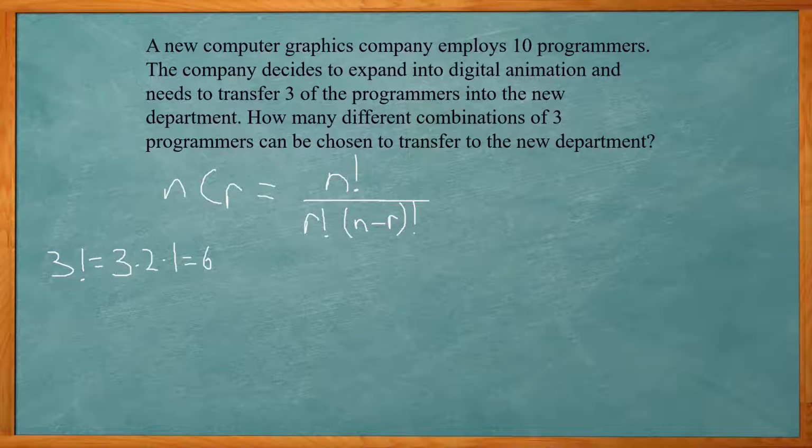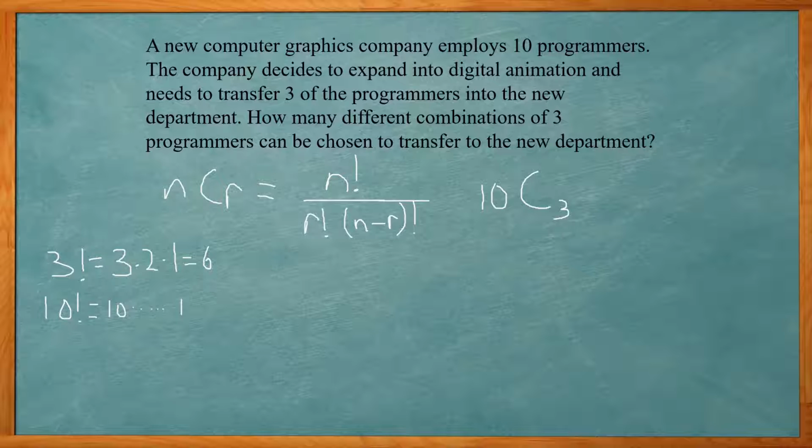If I had 10 factorial, I would start at 10 and multiply all the way down 9, 8, 7, 6, 5, 4, 3, 2, 1. Multiply those all together. All right, so in this one, we have 10 programmers, and we need to choose 3 of them.